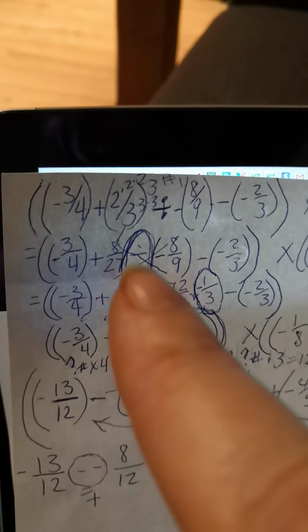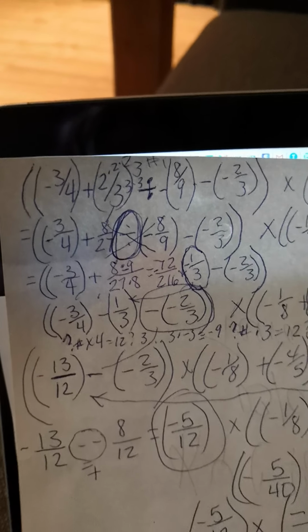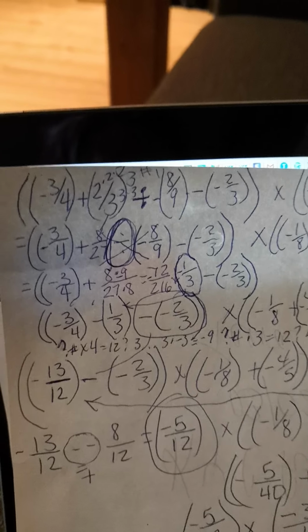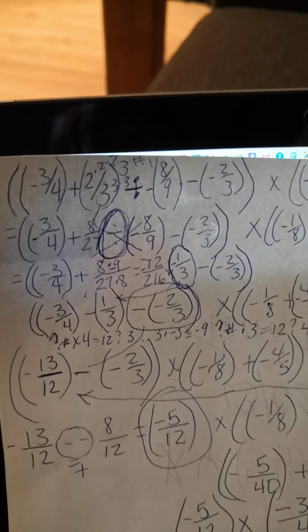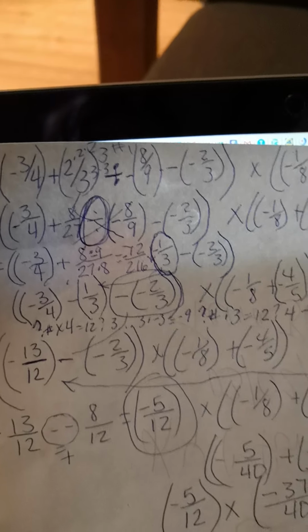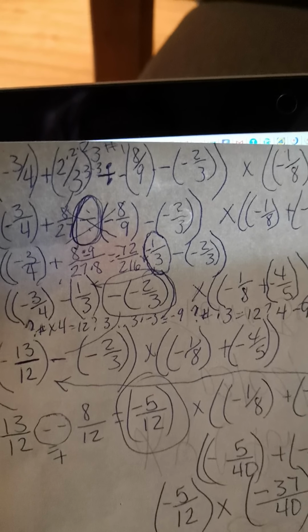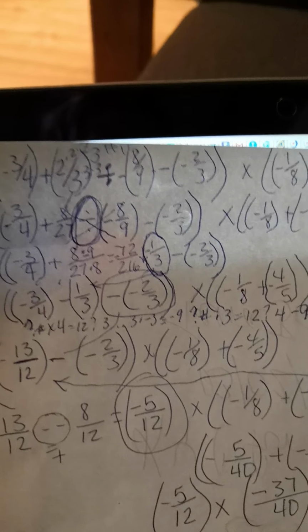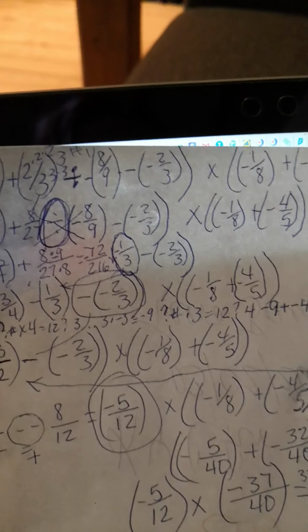These fractions, the next step in PEMDAS after exponents is multiplication. There's no multiplication within these parentheses, so we then go to the A, which is addition, or I'm sorry, the D, which is division. Dividing fractions is the same as multiplying its inverted fraction.